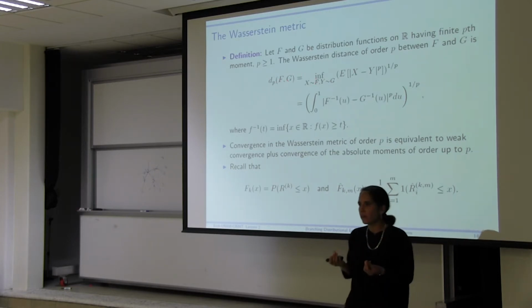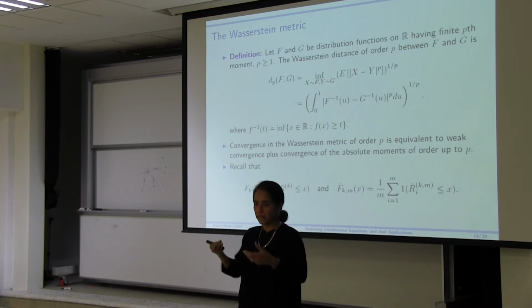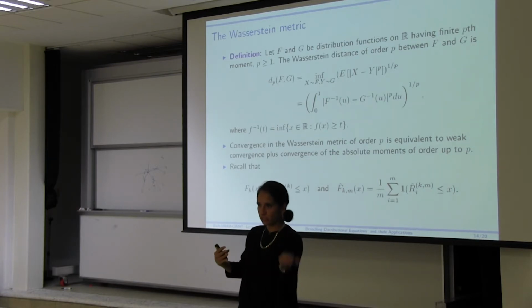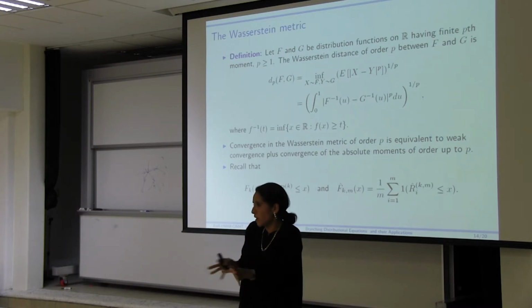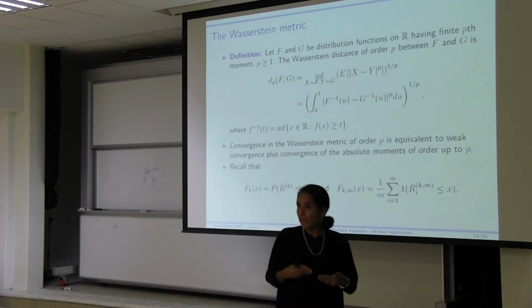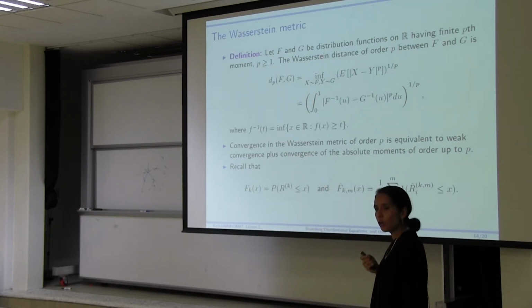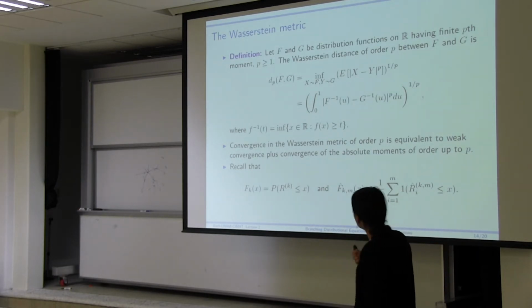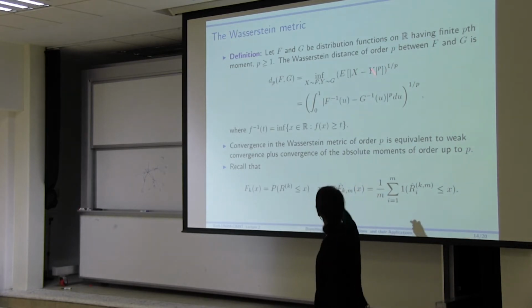What I mean by couplings is, if I have two distribution functions f and g, I'm going to take one pair constructed on the same probability space whose marginals, the marginal of x is f, the marginal of y is g, but they can be whatever you want in between in terms of their joint distribution. If you choose well enough and take the infimum over all possible couplings and compute the norm of that best pair, then that's defined as the Wasserstein metric of order p, if I'm using the p norm.